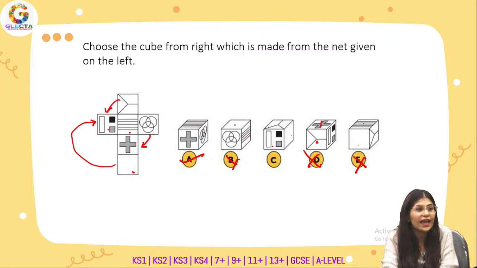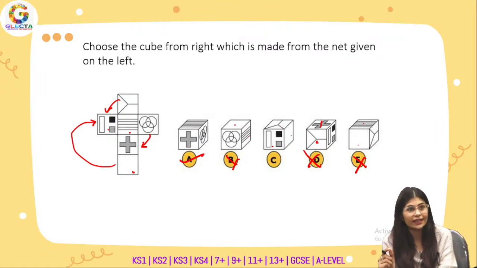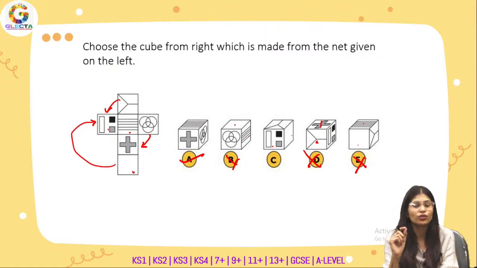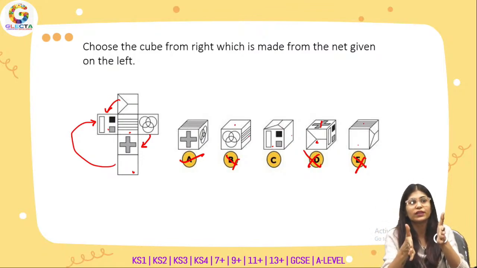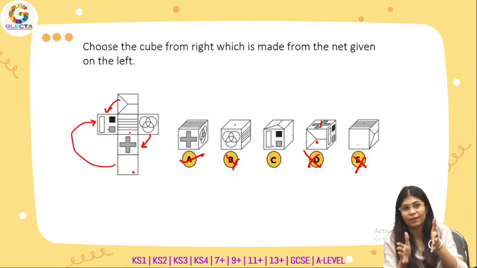The lines in A and E looked blurry. Okay, Zainab, in most of the NVR questions, if there's lines, if there's a box in a box, if there's too many circles in one, all of this would look blurry to you. Reason being, the sides are folded. So if the sides are folded, it would become difficult for us to understand.